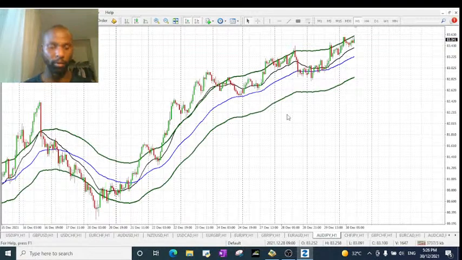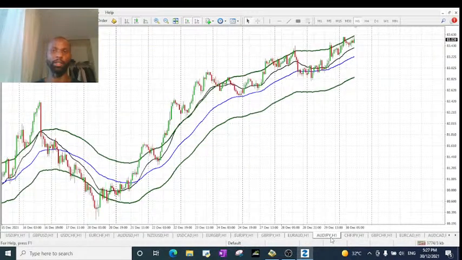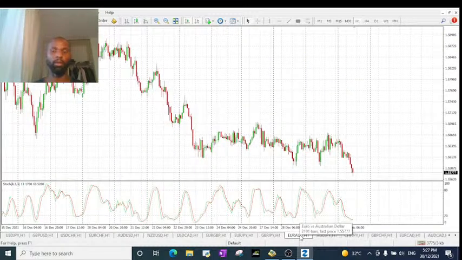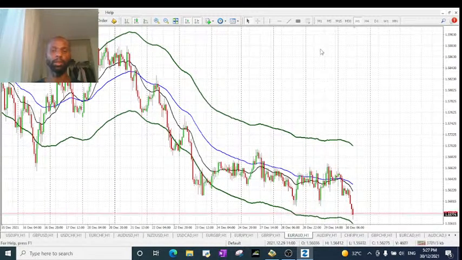Because the market is moving. But if you are executing your strategy when the market is dead, nothing is going to happen. You put a trade on, it's not going to go anywhere. It just chops around.